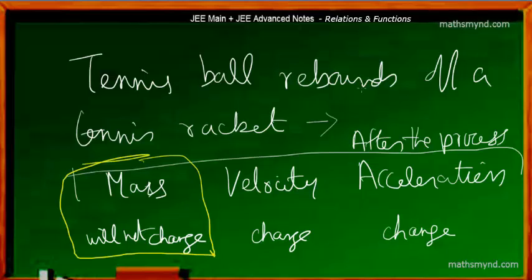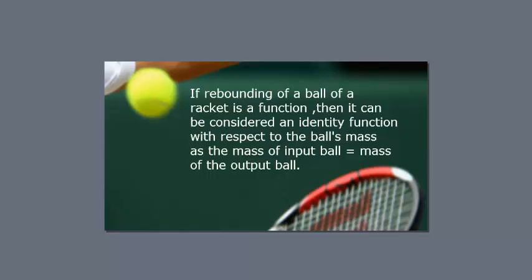So that's the point. So the mass of the ball which is being struck is the same, and nothing changes with that mass. So you may consider that example, that simple example from the physics viewpoint, as that of an identity function.